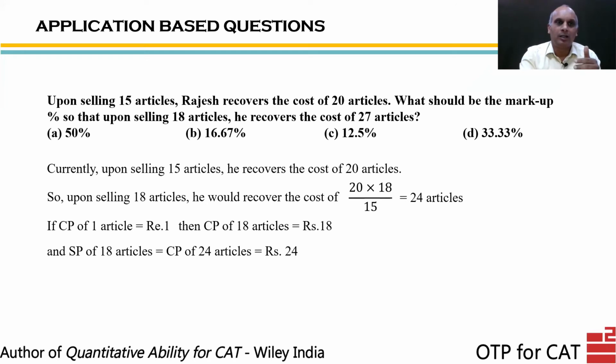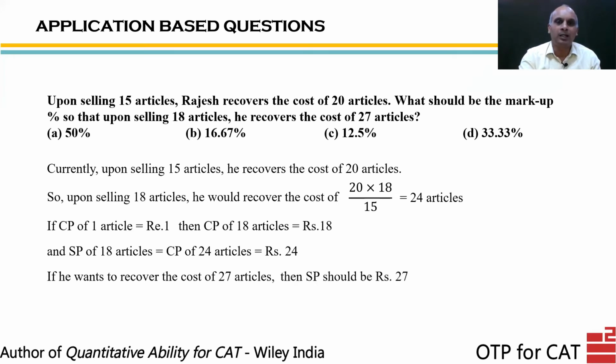But in the second part of the question, he says that he should increase the price. There should be some markup percent so that upon selling 18 articles, he recovers the cost of 27 articles. So he wants SP to be 27 rupees instead of 24 rupees. That means his markup percent will be, see, he has to raise the price from 24 rupees to 27 rupees.